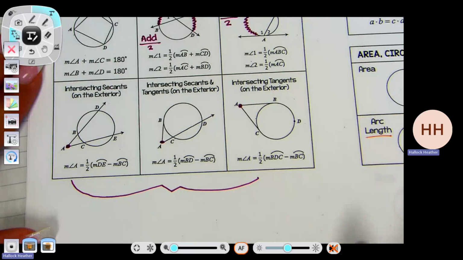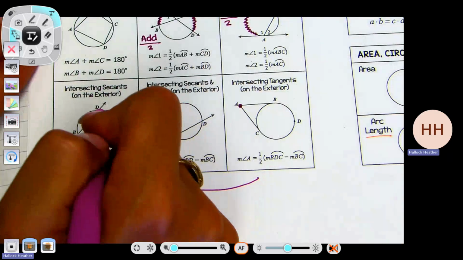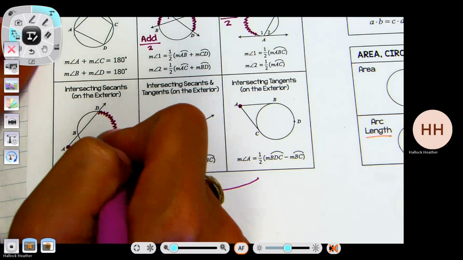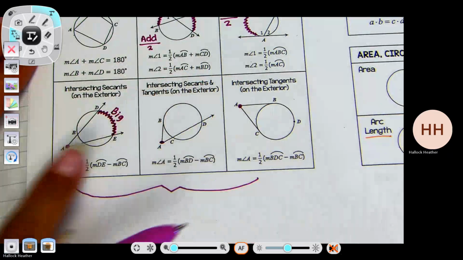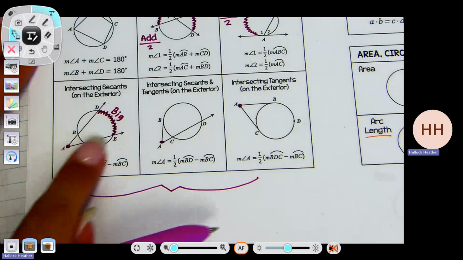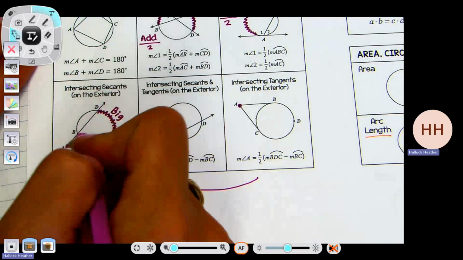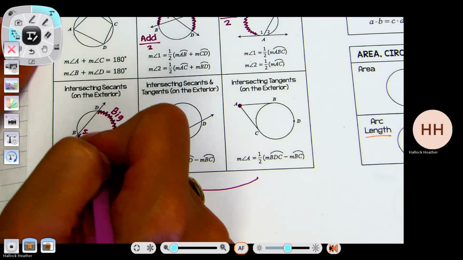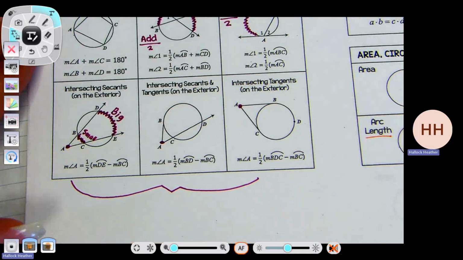What we're going to do is this is opening up to make 2 arcs. We have this arc. I'm going to call this the big arc. Big. So think about it as like the alligator's mouth. It's inside the mouth. We also have a small arc that's inside the mouth. So this is small. The rule is we're not going to add it. We're going to subtract it.